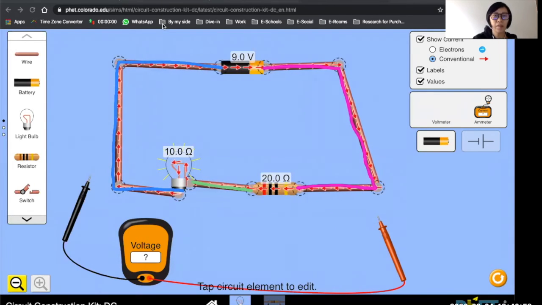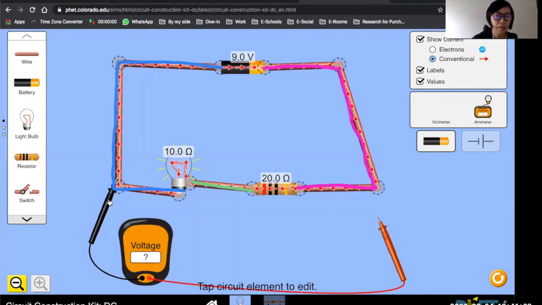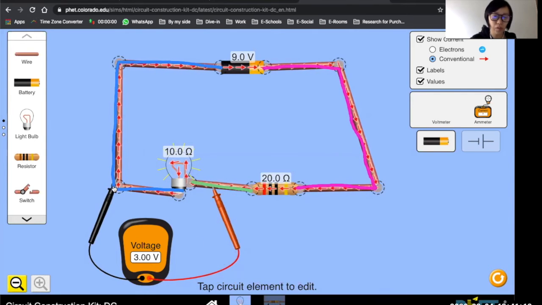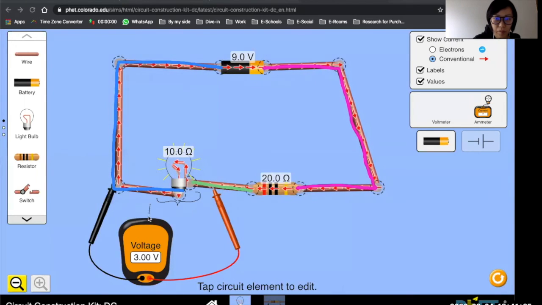Now, how do we know what potential each wire is at? One way is to make use of my voltmeter. From here to here, the potential difference is 3 volts. So the potential difference across the bulb equals 3 volts.